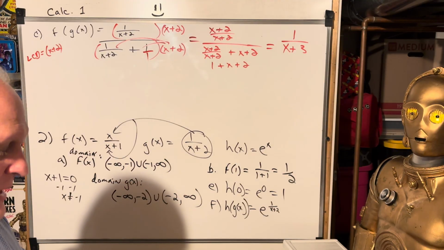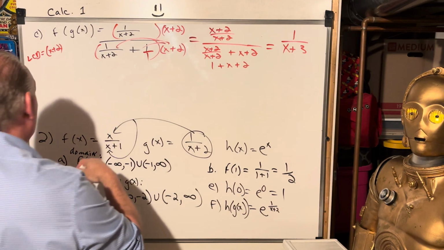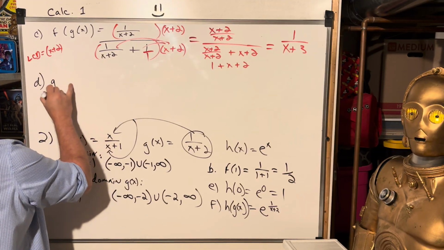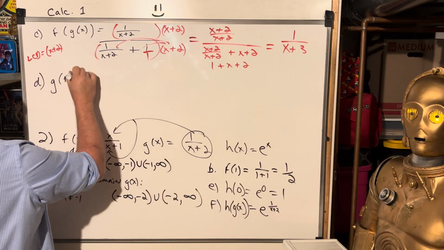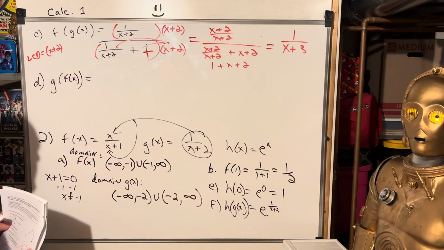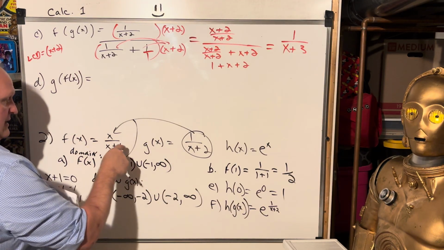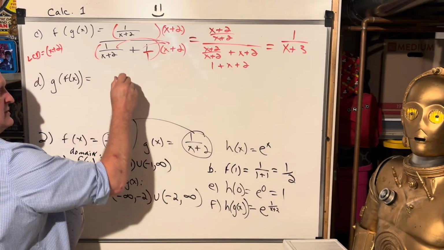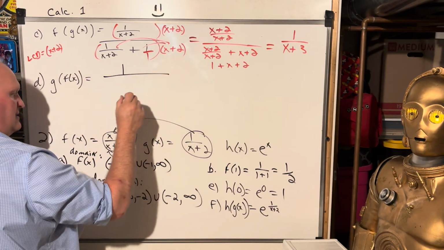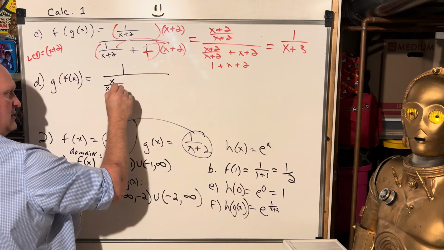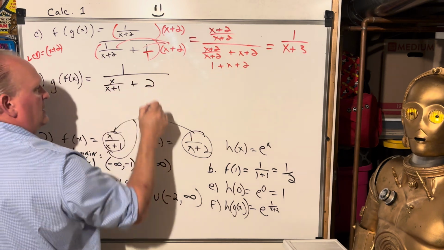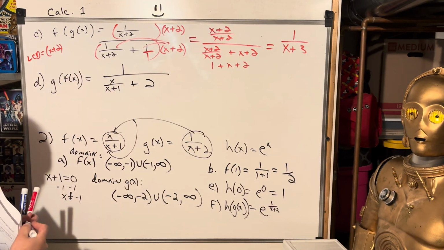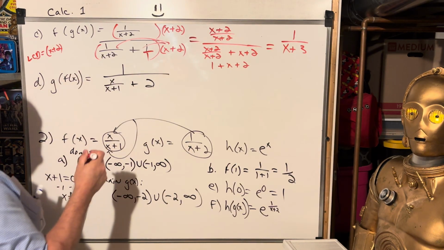All right, g of f of x. Let's go the other way around. So g of f of x is going to look like this. We're going to take this guy, x over x plus 1, and jam it in right there. There's only one spot to substitute. Plus 2. And now we can't leave it like that. We can't have a fraction over a fraction. So the LCD is just x plus 1.